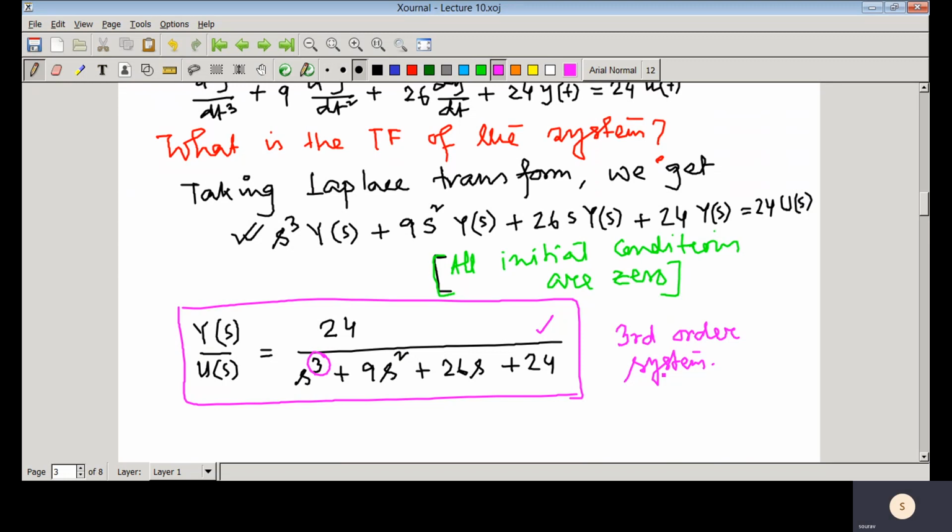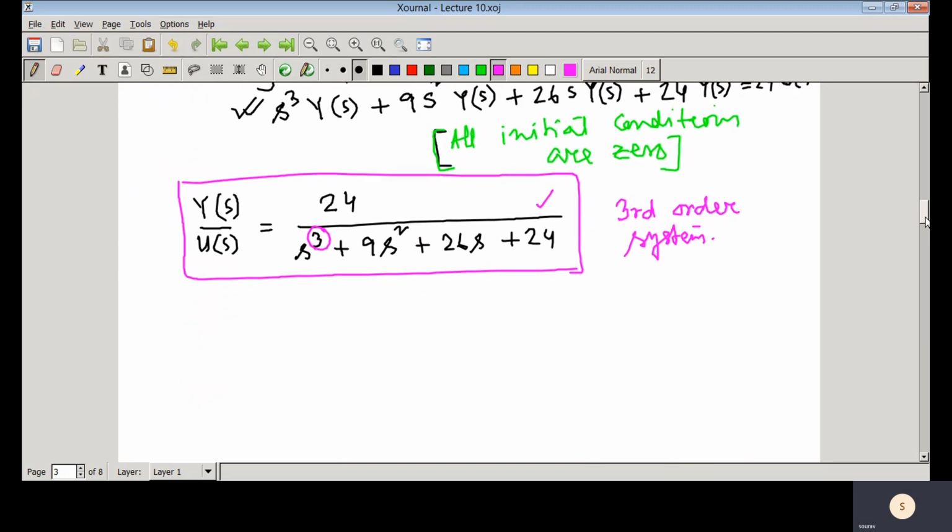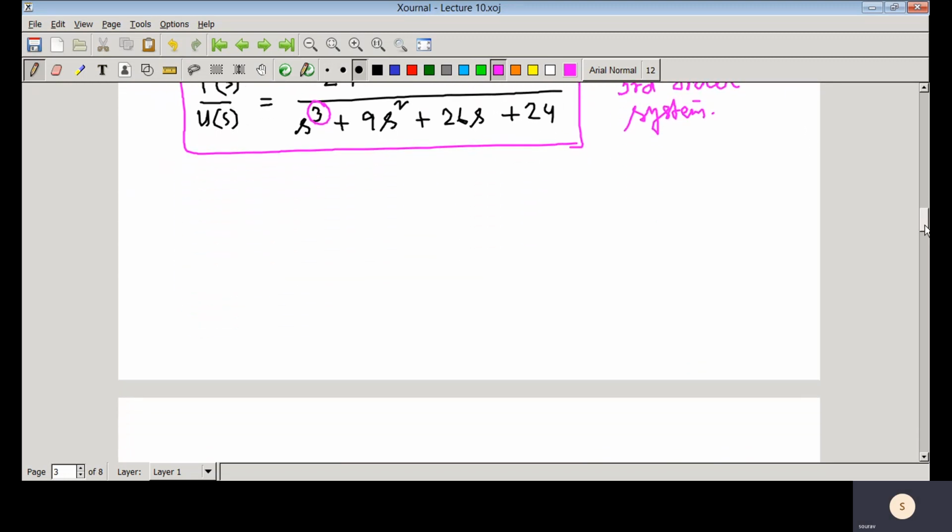So let us take one more example, because from those examples we'll learn how to represent a system in state space modeling framework. So let us take one physical example, a spring mass damper system.